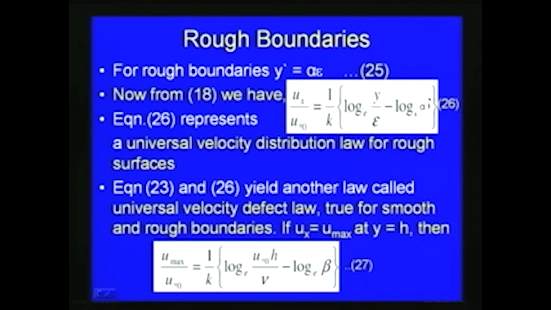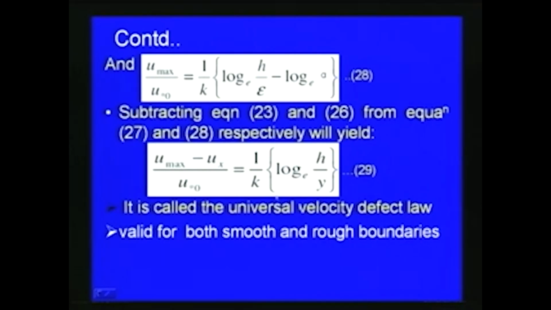Equations number 23 and 26 yield another law called the universal velocity defect law, which is true for smooth and rough boundaries. If we consider u_x equal to u max at y equal to h, then we can write u max divided by u*_0 is equal to 1 by kappa log e (u*_0 h by nu) minus log e beta, as in equation number 27.